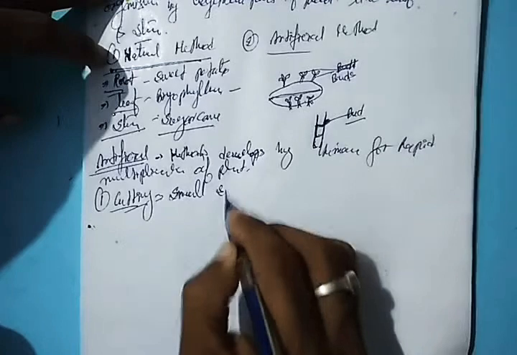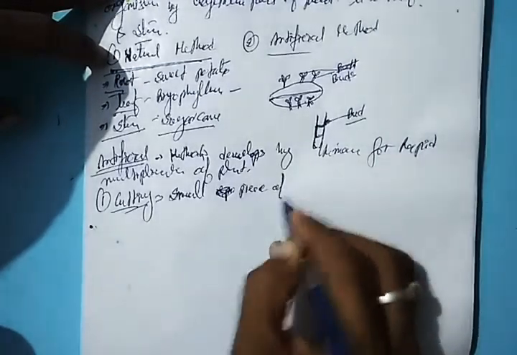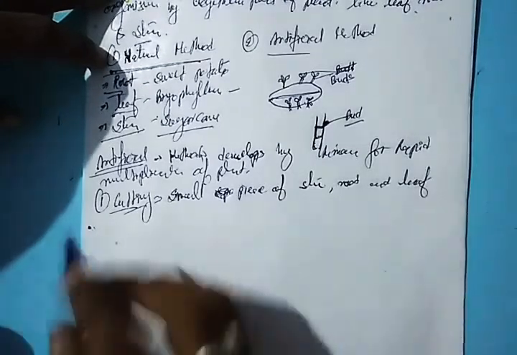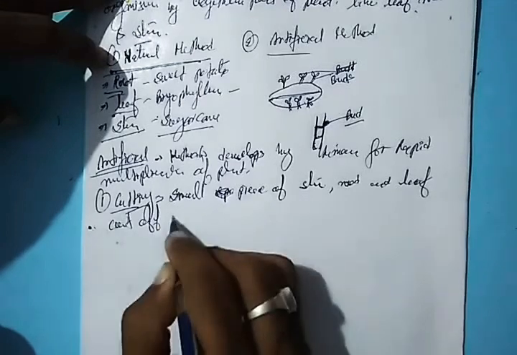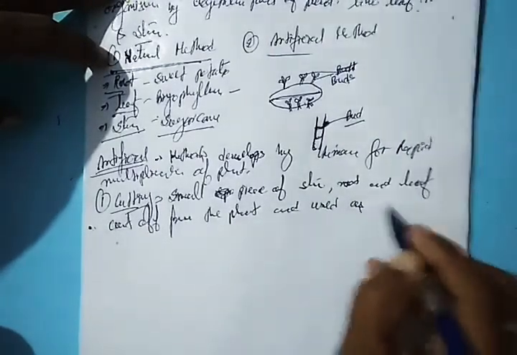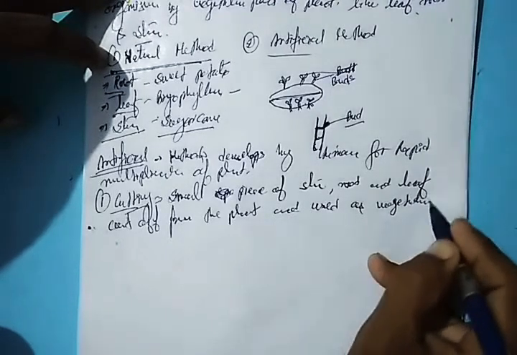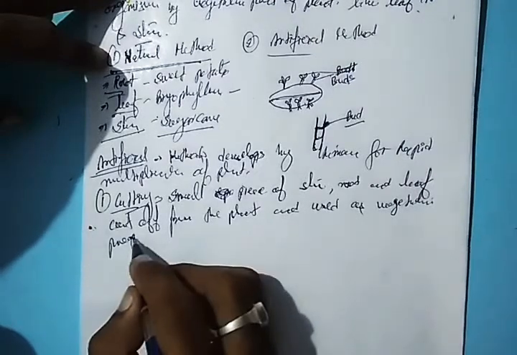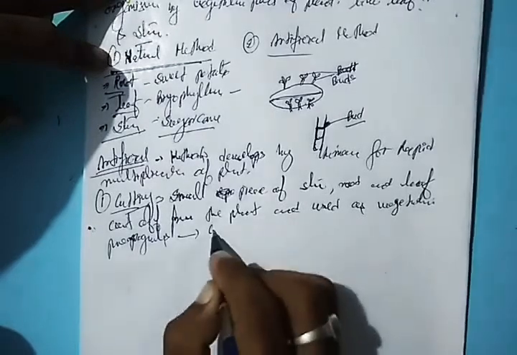Okay, it is a simple process. Sometimes small pieces of a stem, root, or leaf are cut off from the plant and used as vegetative propagules, and sown into the soil, where they germinate into a new organism.